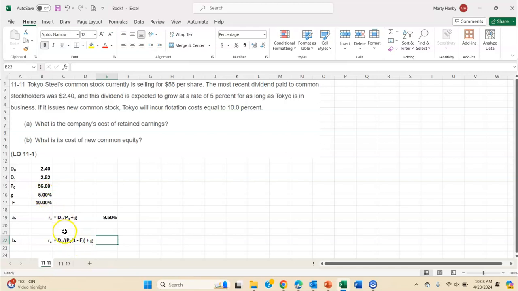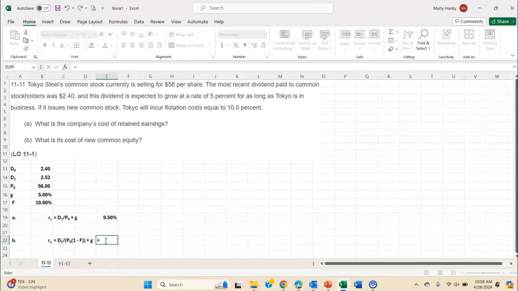Multiplying by 1 minus F reduces the proceeds by the flotation costs, or the cost associated with issuing that new stock.